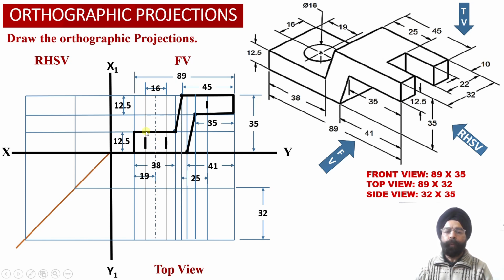So these rectangular projections will be the apparent shape projections corresponding to the circular hole. Now let us proceed to evaluate the top view projections corresponding to the solid.